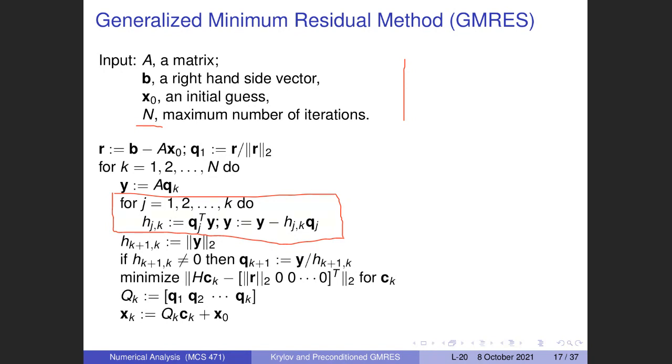Then the setup of the least square problem. The least square problem is over here, and we are minimizing the residual. If you remember the last lecture, with the Householder reflector, we normalized a vector, and then we constructed a vector where the first coefficient was the 2-norm, and the rest were all zeros.